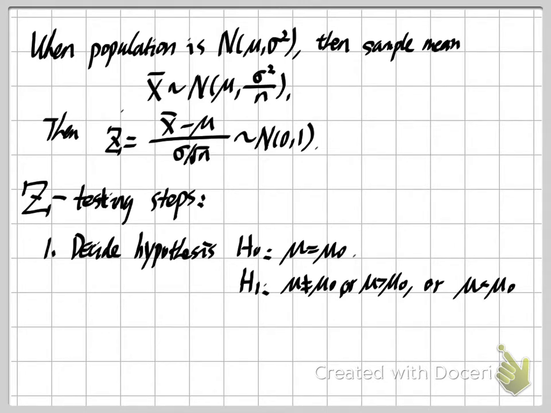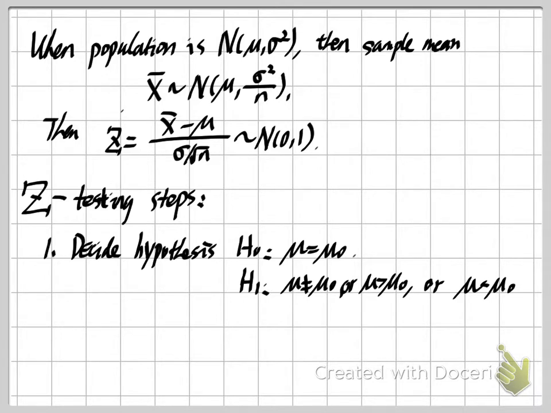For the alternative hypothesis, we can choose from three types: not equal, larger than, or smaller than.